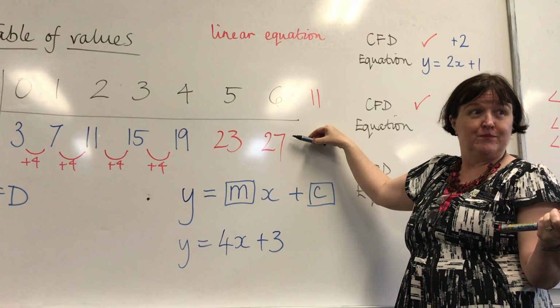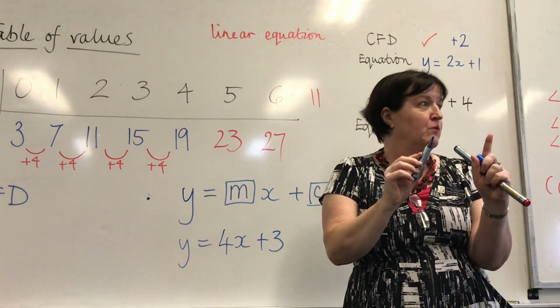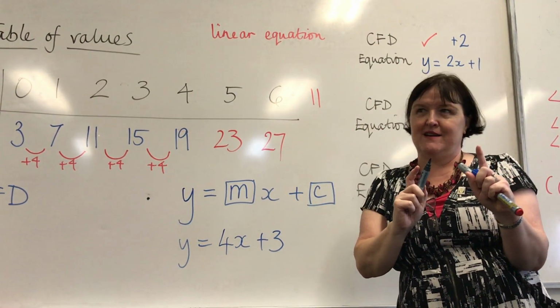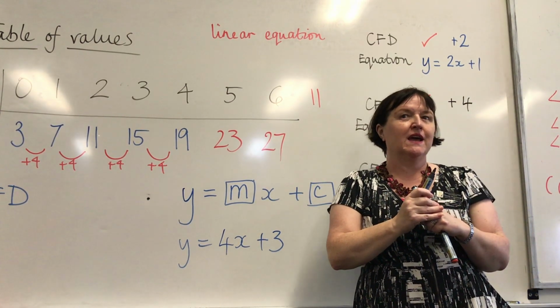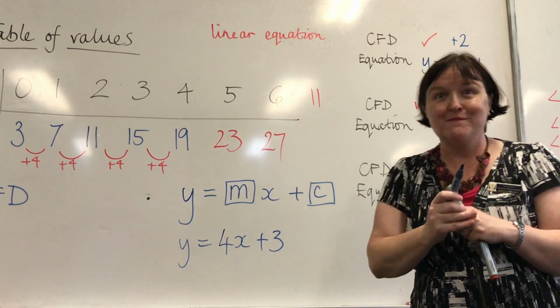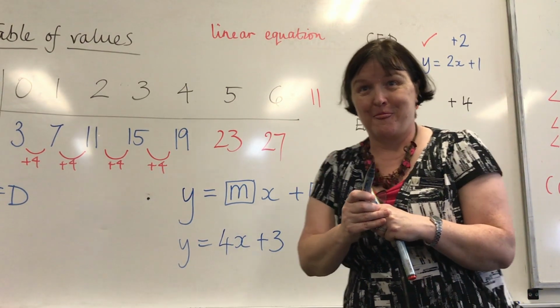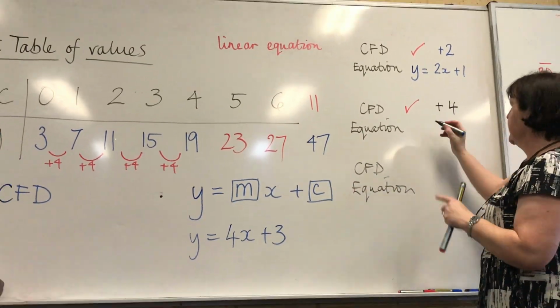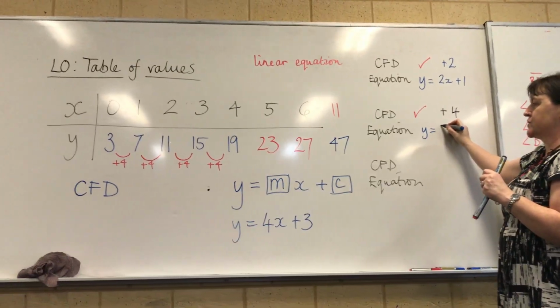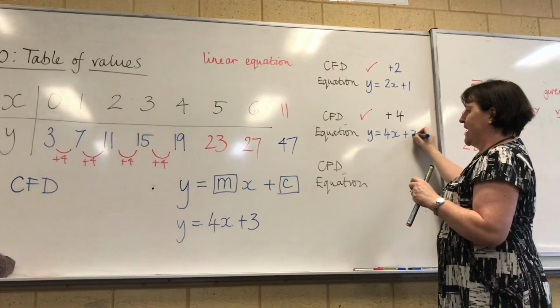Add 3? 27. So it is the function of the line. Well done. Now then, can you tell me what the y coordinate will be if x is 11? It would be 47. 47, well done. Very good. Okay, so our function is y equals 4x plus 3.